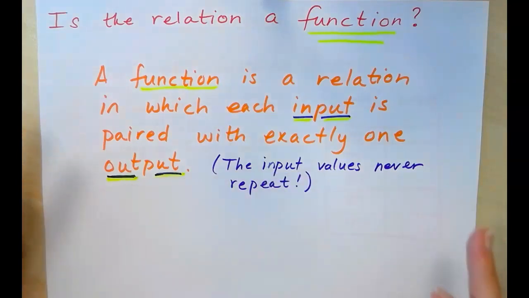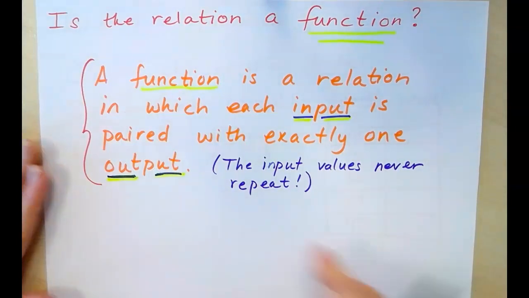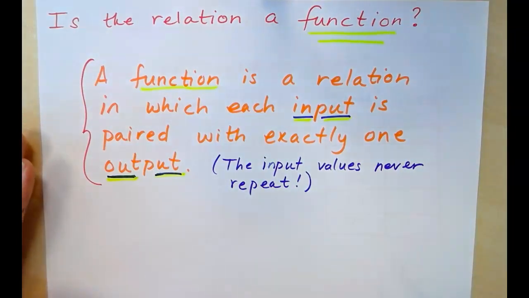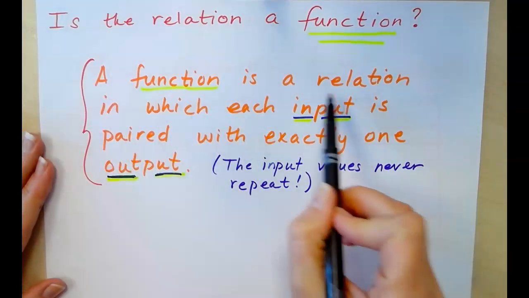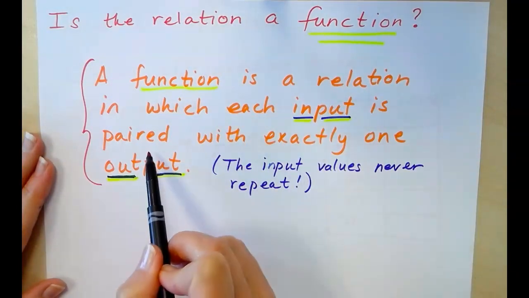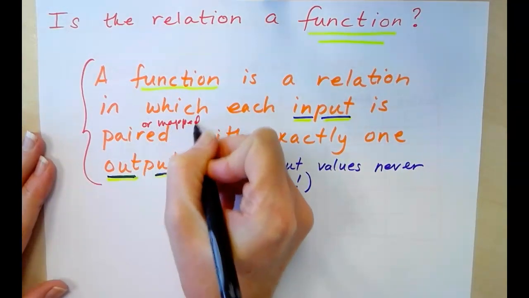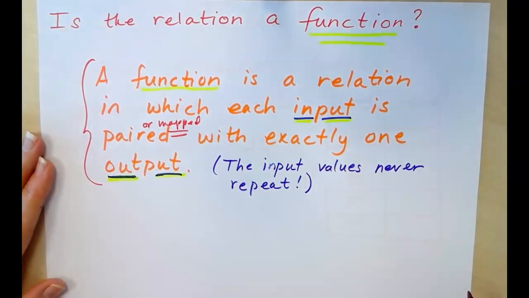So here's the definition of a function. Write this down. Even if you need to stop the video, stop it and write it down in your notes. A function is a relation in which each input is paired, or mapped, if you want to say that, with exactly one output.